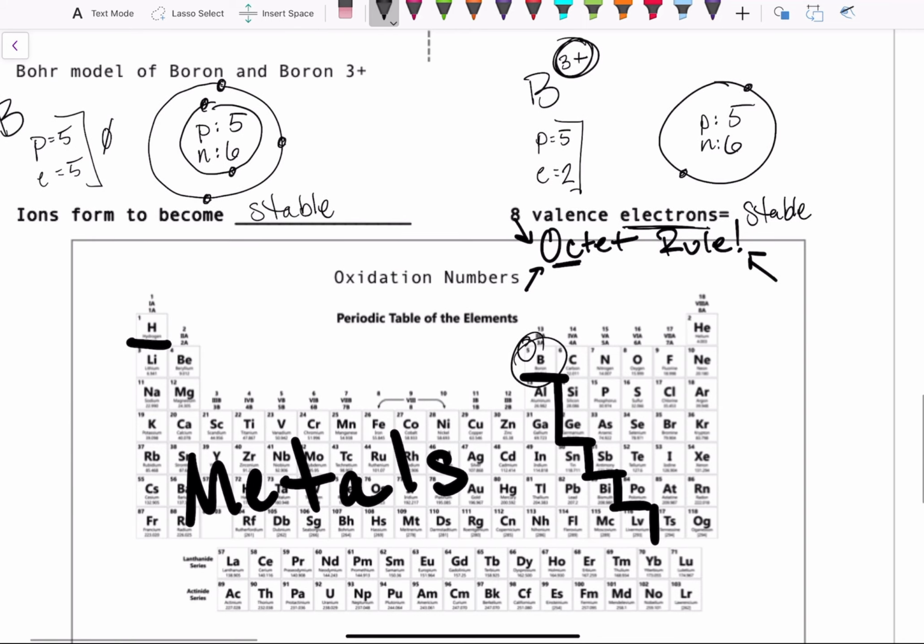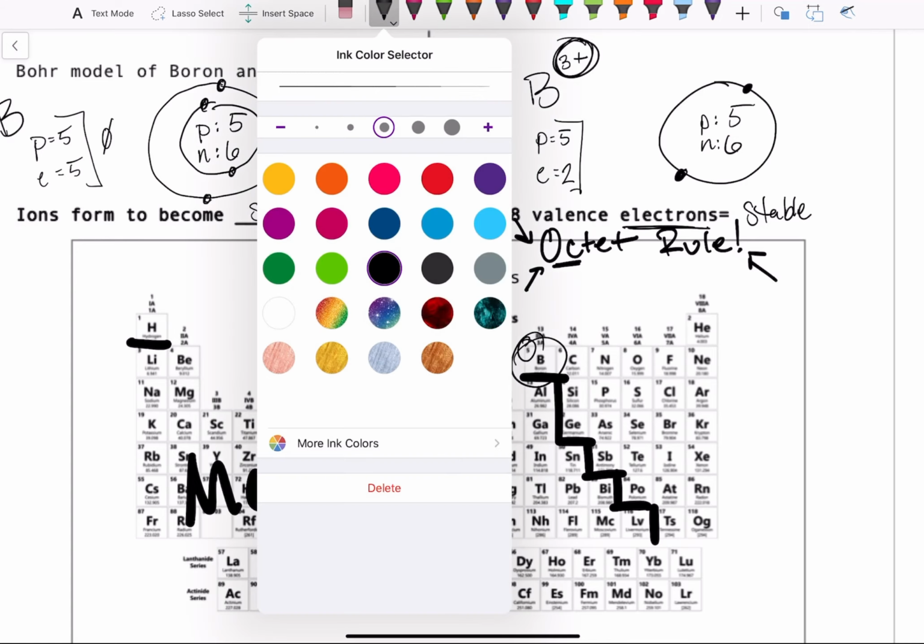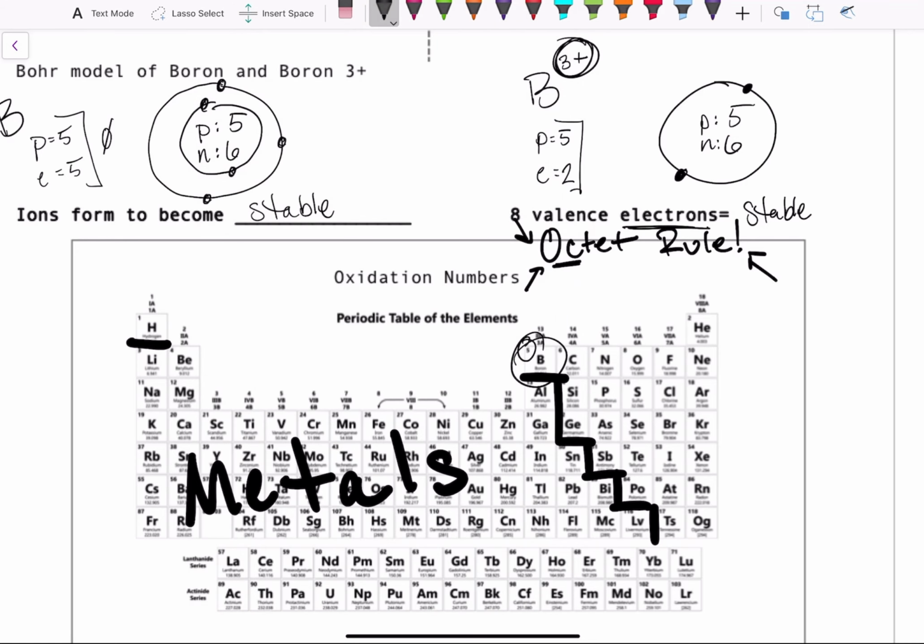Okay, so now let's talk about why boron only has 2 valence electrons, even though I'm telling you that 8 is what we need. Think of another element that has 2 valence electrons. Another element with 2 valence electrons would be helium. Helium only has 2. Helium is a noble gas, and the rest of the noble gases have 8 valence electrons.